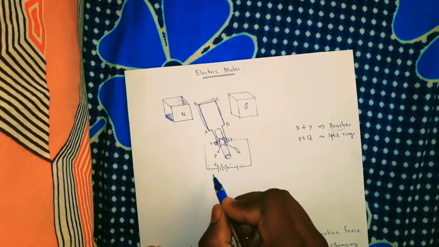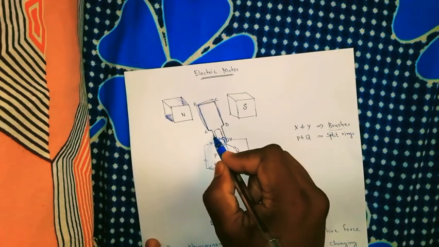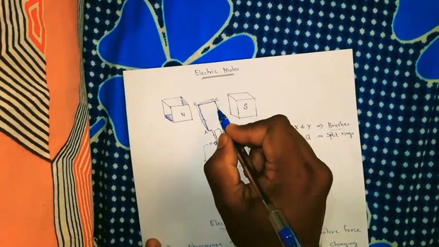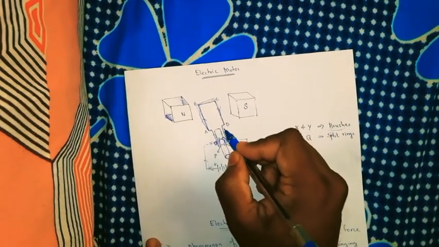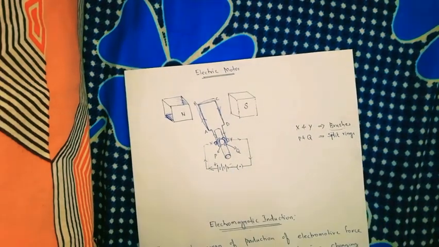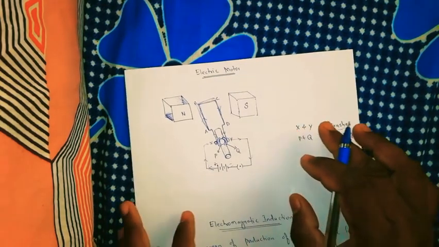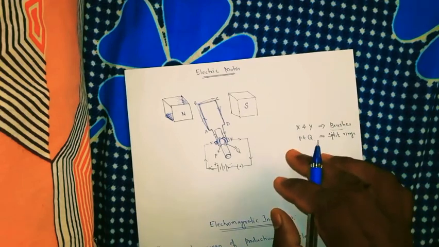So what happened? The current is flowing in this direction, and through AB and CD, the current will come in reverse, and then it moves towards here. This electric motor works on the basis of Fleming's left hand rule.